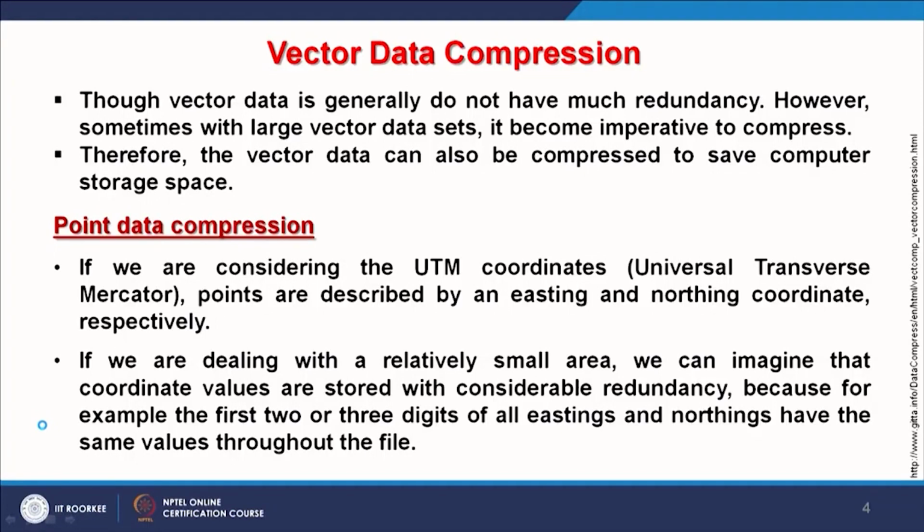In the case of point data, if we consider the UTM projection, universal transverse Mercator projection, then this data is described in terms of easting and northing coordinates, that is, they are in meters, whereas non-projected data is in DD, decimal degrees, and this is what we get as latitude and longitude.